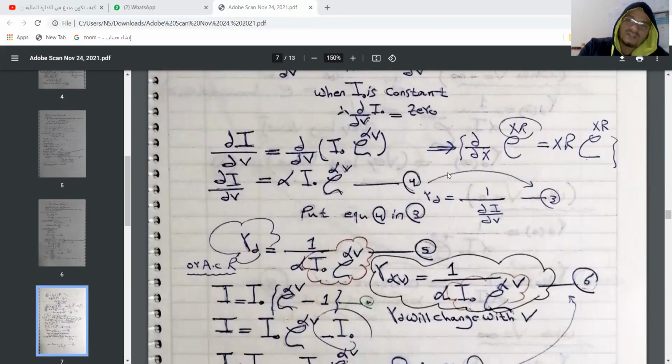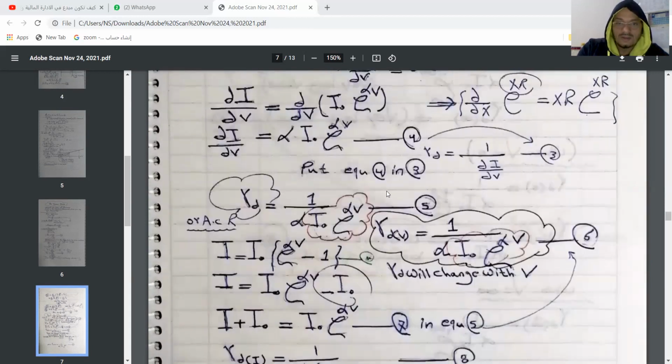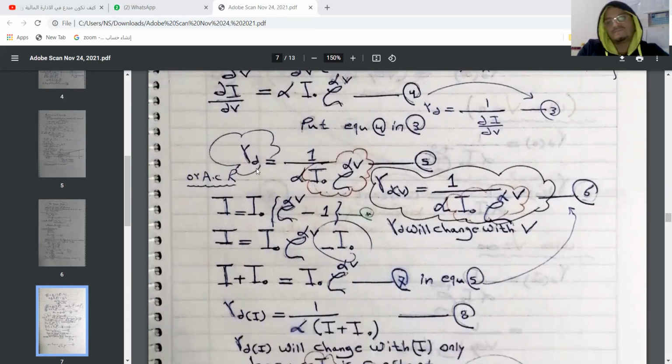Let's put it in equation number 3. The dynamic resistance equals 1 divided by dI over dV, which equals 1 divided by alpha times the saturation current times exponential alpha V. Let's call this equation number 5. We can write another equation for the dynamic resistance.